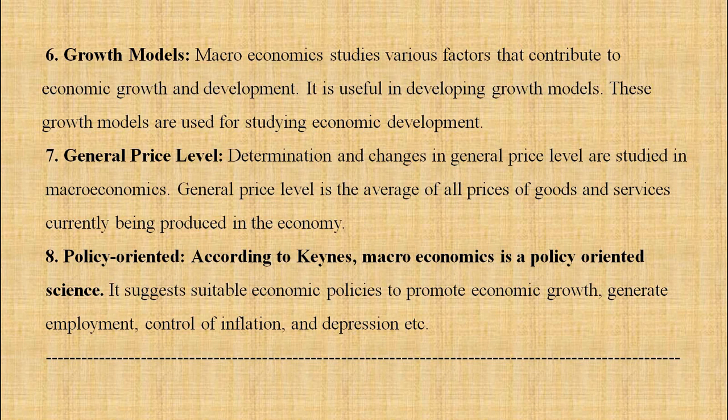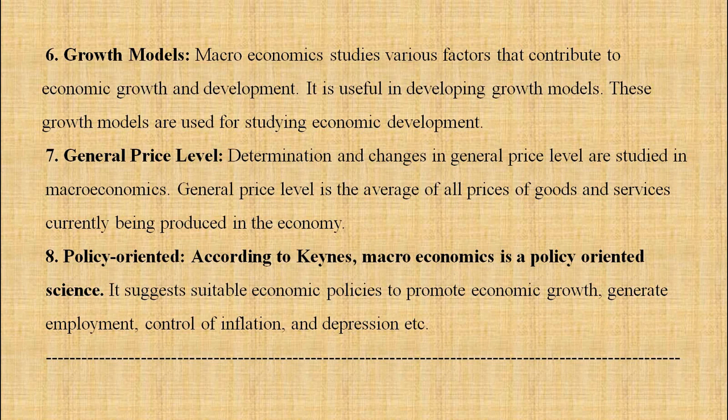Next, general price level. Determination and changes in the general price level are studied in macroeconomics. General price level is the average of all prices of goods and services currently being produced in the economy.